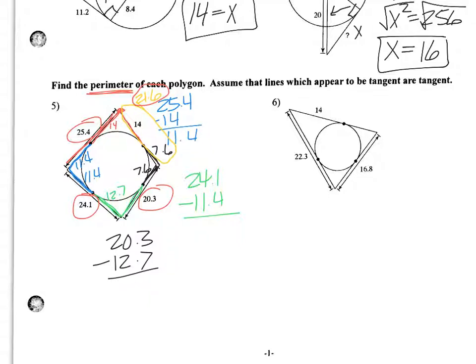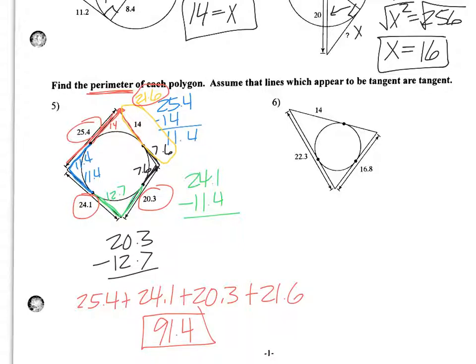So I got 25.4 plus 24.1 plus 20.3 plus 21.6. So if I add all those together, I got 91.4.